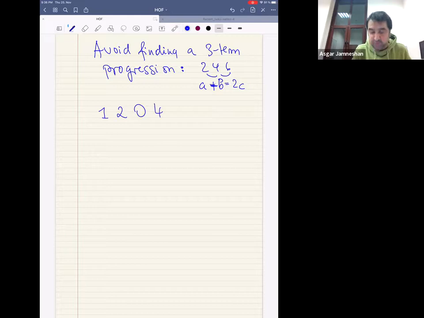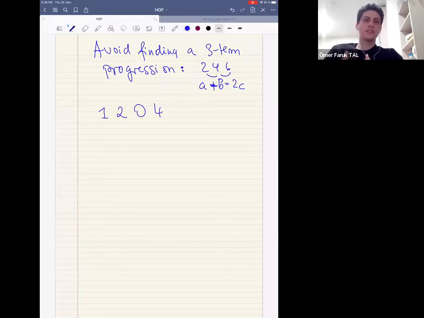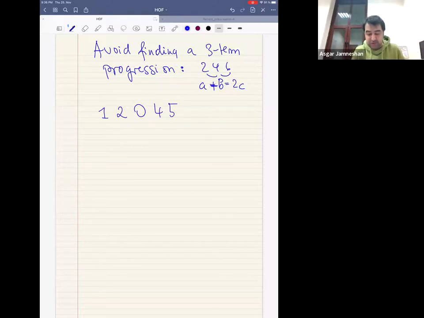But then we can take 4, right? Because 1, 2, and 4 doesn't form an arithmetic progression. Okay. So can we take 5 into our set? Yes or no? I think yes. So you can take 5. Also taking 5 doesn't give you an arithmetic progression.